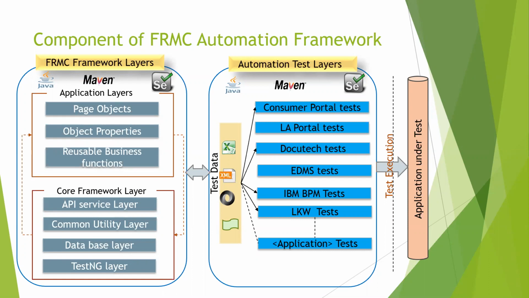The core framework layer is nothing but the API service layer, common utility layer, database layer, and test engine layer. I already told you the test engine is the base for creating the reports. The database layer is used for database connection, and the API service layer is used for API servicing. These are all created as separate projects which can be used across different applications.